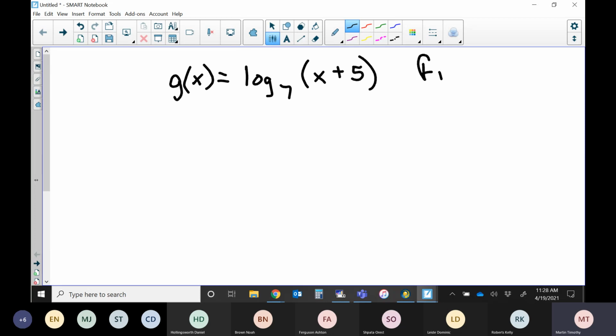Find the inverse. Trey, what's my first step? You got to change the x to a y. So there you go. What's the next step? I don't know. As soon as I hear the inverse, what do I need to do?